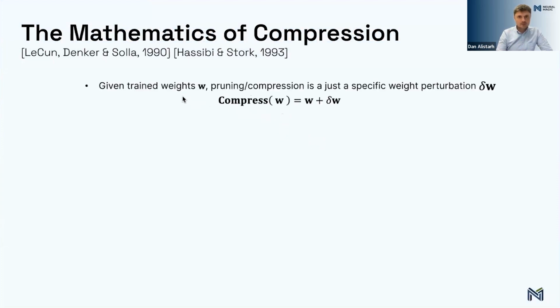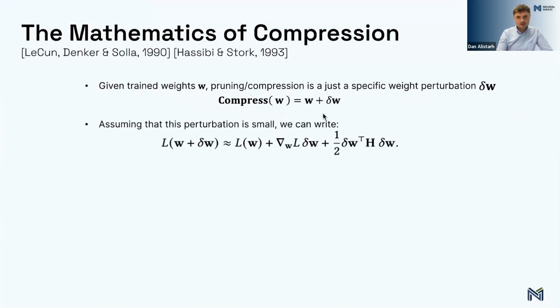So what I mean by the mathematics of compression is that conceptually, given a set of trained weights W, pruning or compression is just a specific way of perturbing the weights, okay? So we apply this perturbation delta W to our weights W. Assuming that this perturbation is small, we can write the Taylor expansion of the loss around the point W and obtain this formula here.